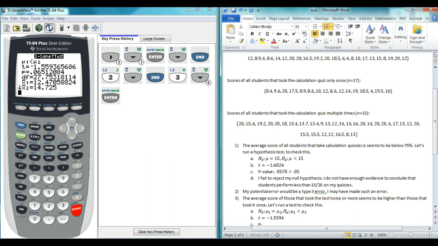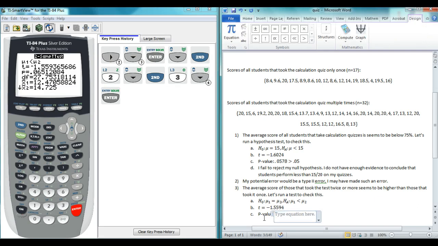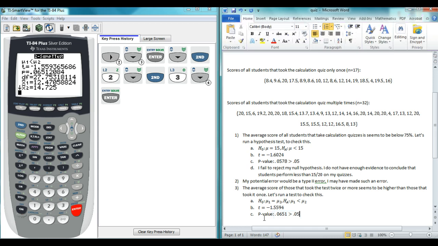Oh, darn, I didn't run this beforehand, and I was hoping that I would have significant evidence, but it turns out that my p-value this time is only 0.0651. Notice that this is also larger than the standard cutoff level of 0.05. So this is not really rare enough. So yet again, I fail to reject my null hypothesis.